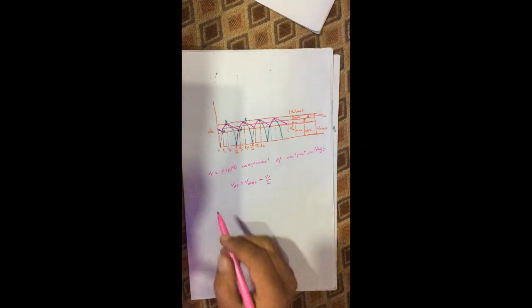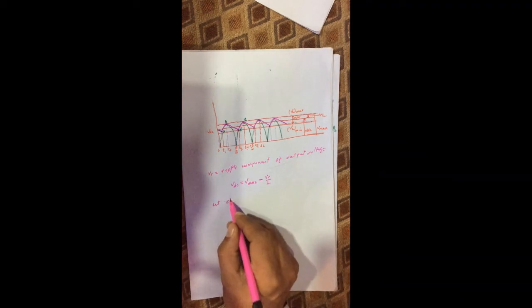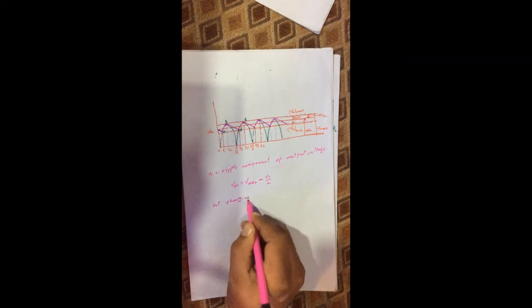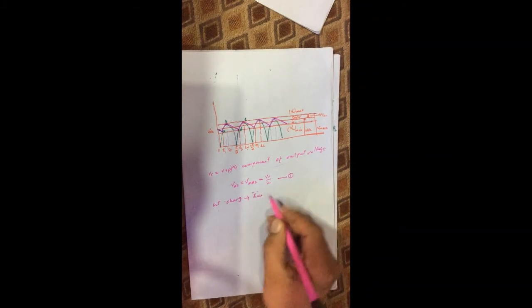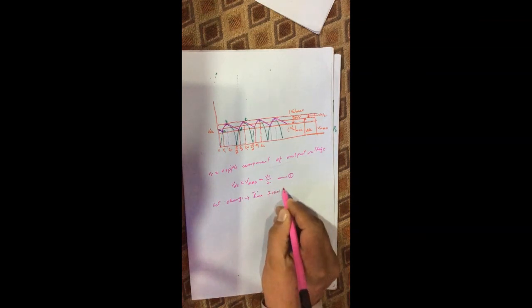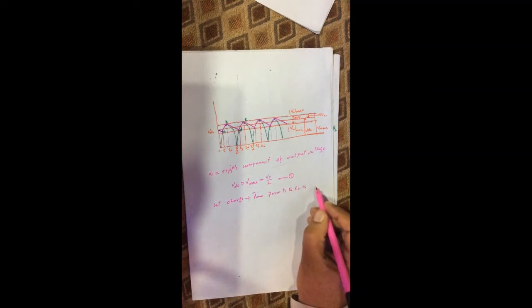Now I suppose that the charging time from T1 to T2 is, I call it equation 1, capital T1.